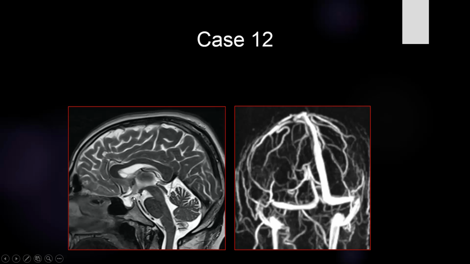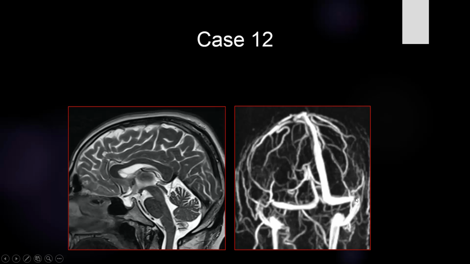Okay, in this case we can clearly see there is a partial empty sella, with ballooning of the sella and flattening of the pituitary gland against the sellar floor, and there is some sort of attenuation of the distal part of the transverse sinuses. This is the transverse sinus.